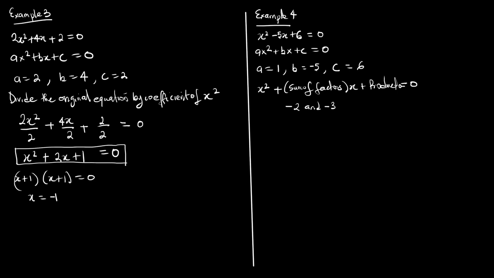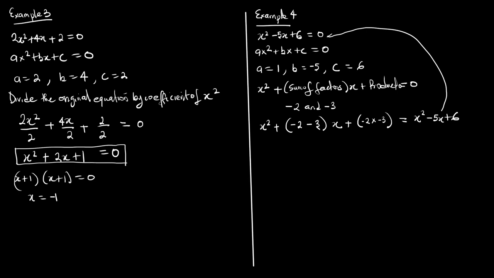So again, clearly, if you do that, you should have x squared plus, if we're summing the roots, minus 2 minus 3, times x, plus the product, which is minus 2 times minus 3. Clearly, this is going to be x squared minus 5x plus 6, which is the original equation, right?